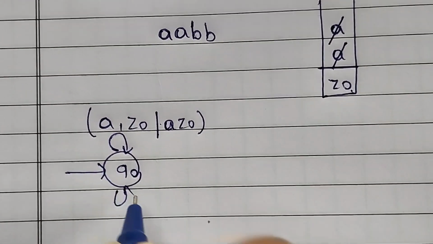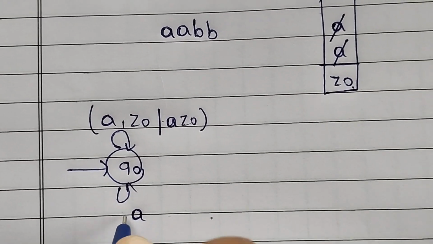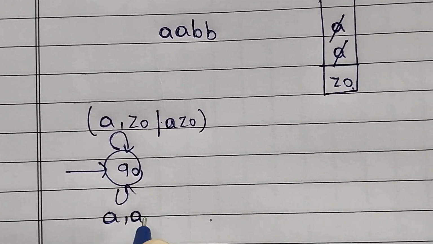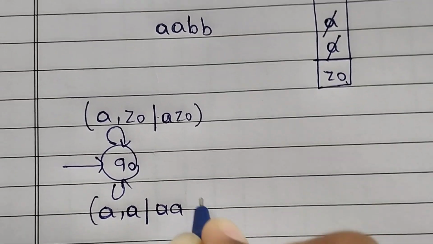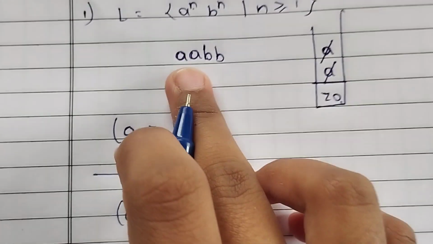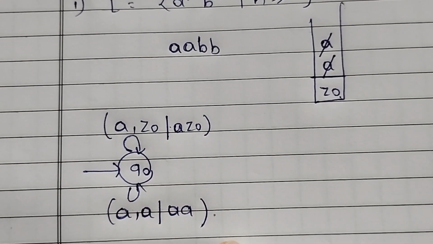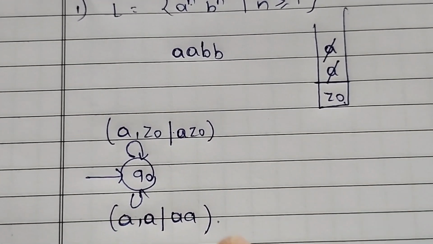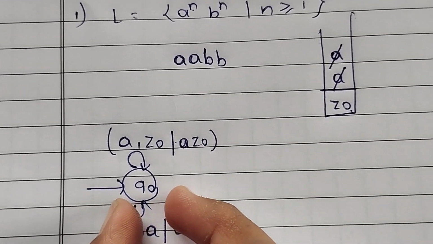Second time, a is present, then we read a, then push the a, so a a z0. Here we do not write b, because the string always starts with a only, so only a we push.